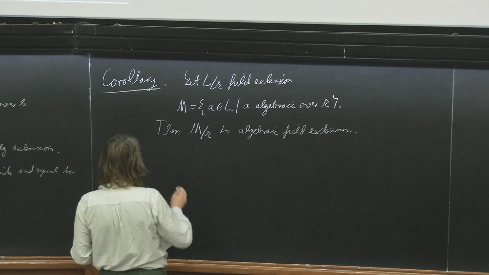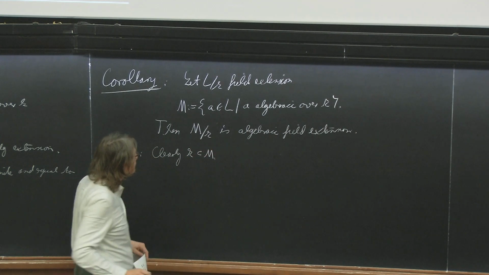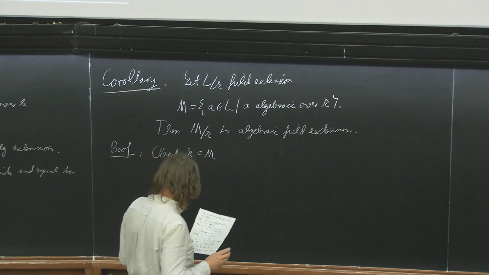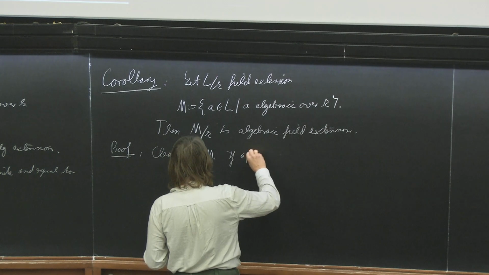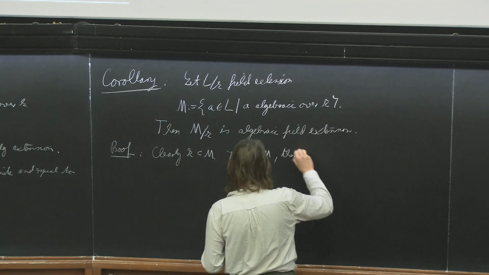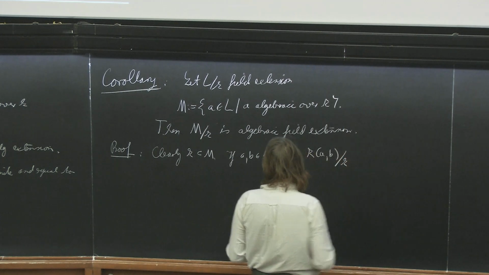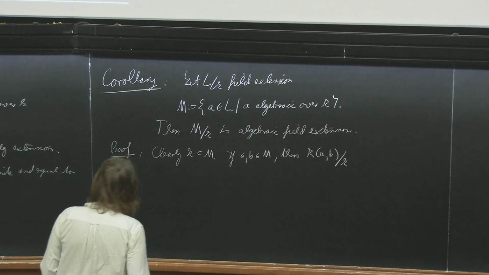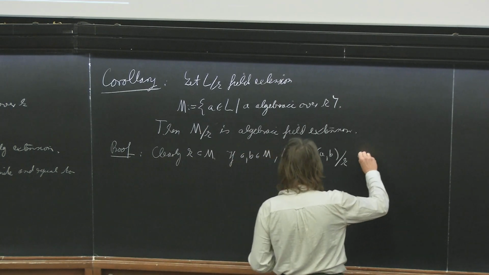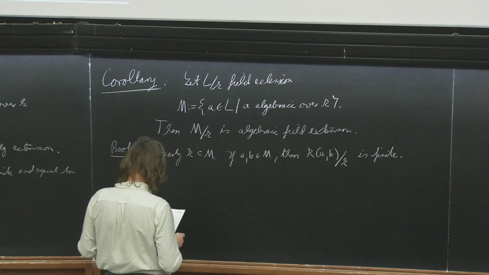So clearly, K is contained in M. An element of a field is algebraic over the same field. And if A and B are elements in M, then if I look at the field extension K(A,B), this is a finite field extension because I've added two algebraic elements. So all elements in it are algebraic.